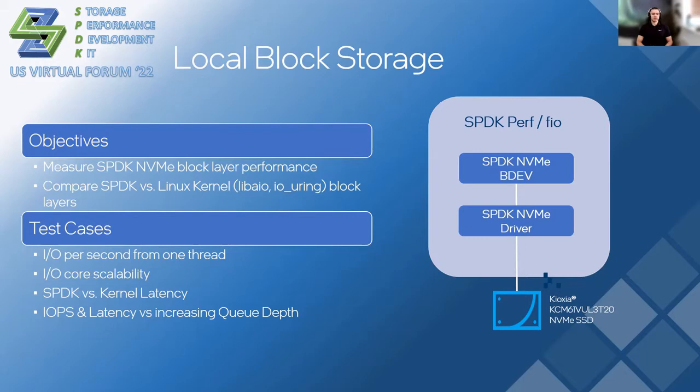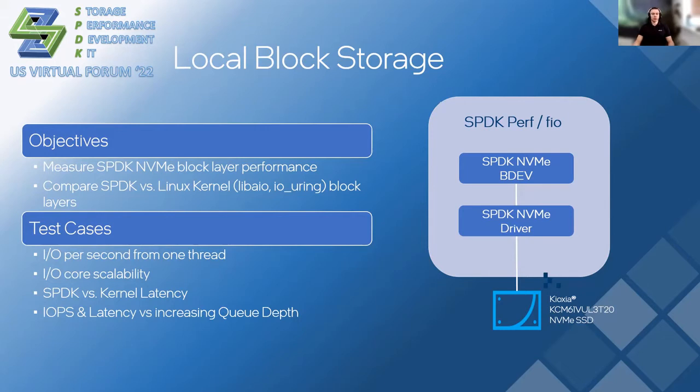We also do the same tests with just using the NVMe driver so that we can show the overhead of using the block layer instead of using the NVMe driver directly. And for the second test case, we do a similar thing, but this time we increase the number of used CPU cores so that we can show and measure how the performance scales with the addition of those new cores.